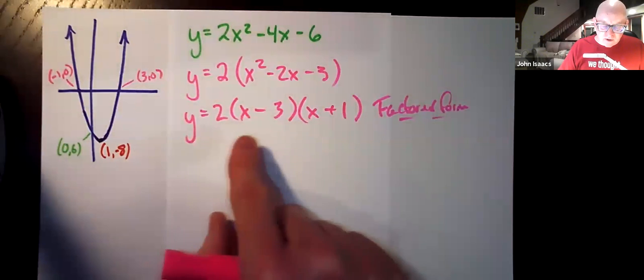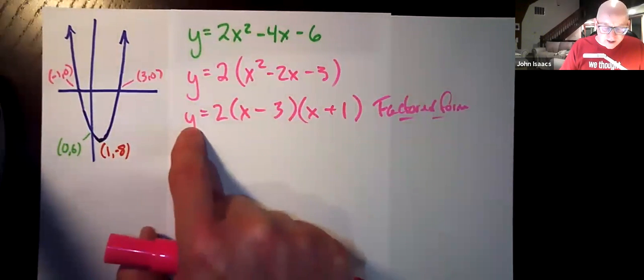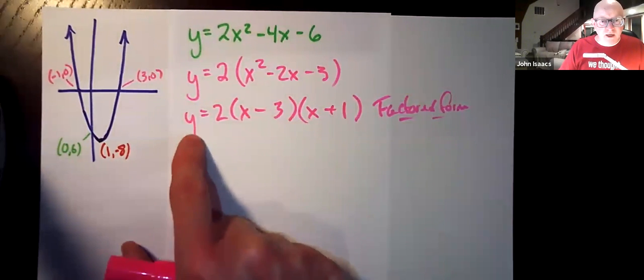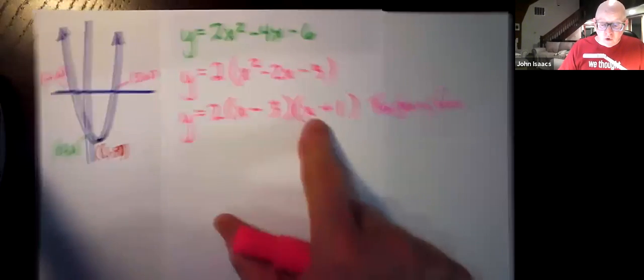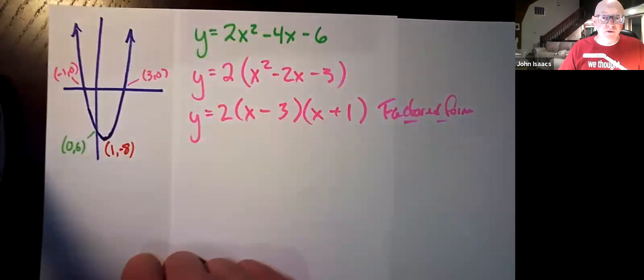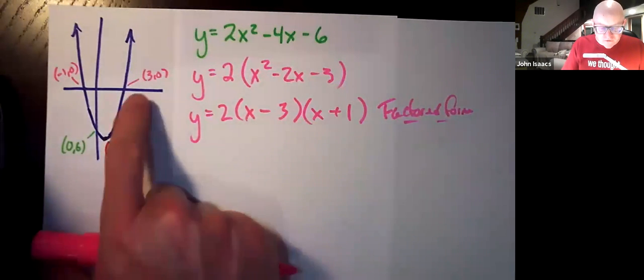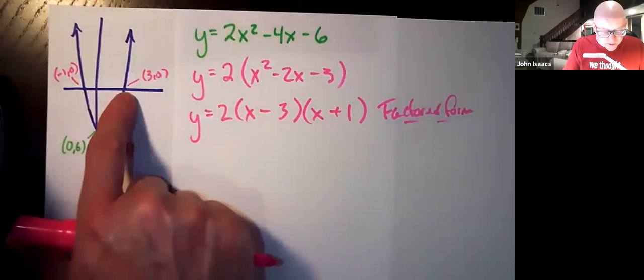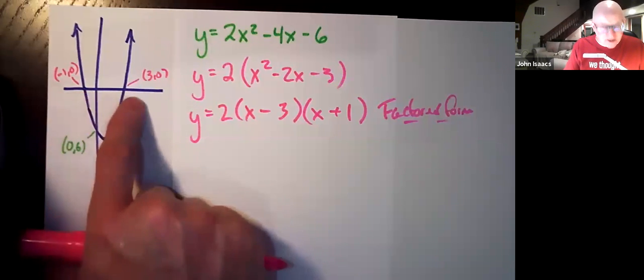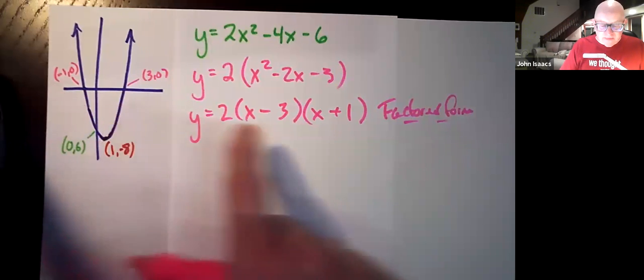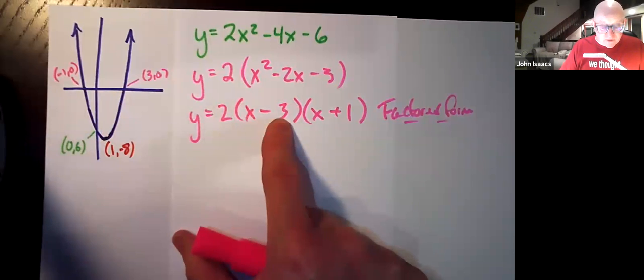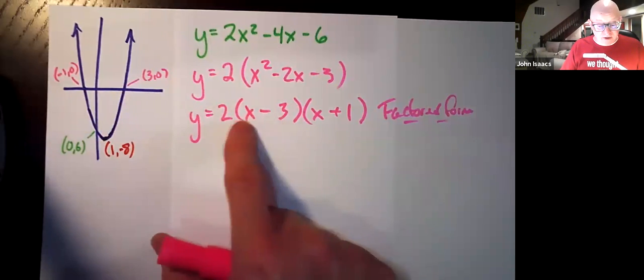If you think about this equation, in order for y to equal 0, either this factor has to be equal to 0 or this factor has to be equal to 0. So in order for those values to exist along the x-axis where y equals 0, right? Y equals 0 along the x-axis. Either this factor has to be 0, which a 3 is what's going to make this factor equal to 0.